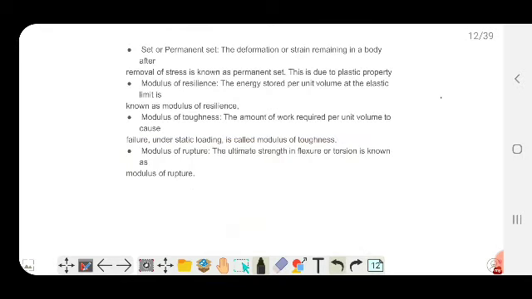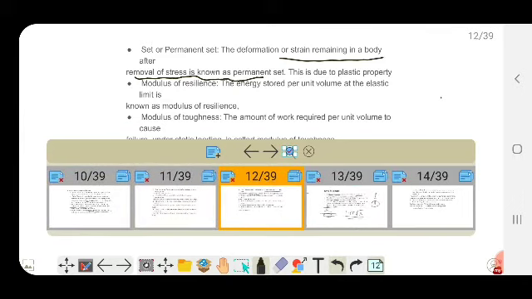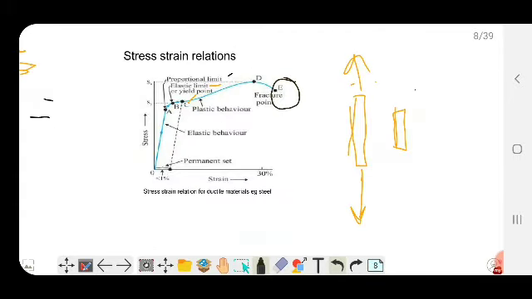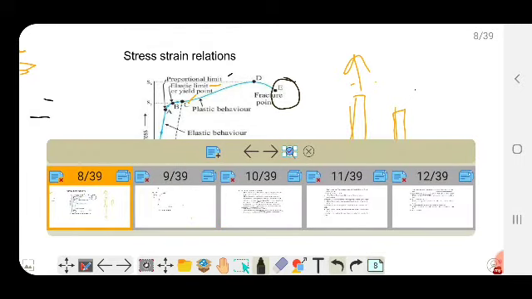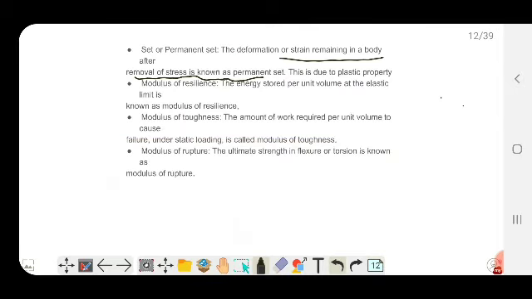The deformation or strain remaining in a body after removal of stress is known as permanent set. And in the stress strain curve we have seen this permanent set, taken as 1%. This is due to the plastic property.